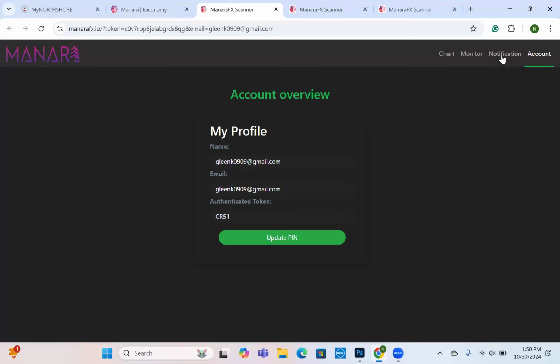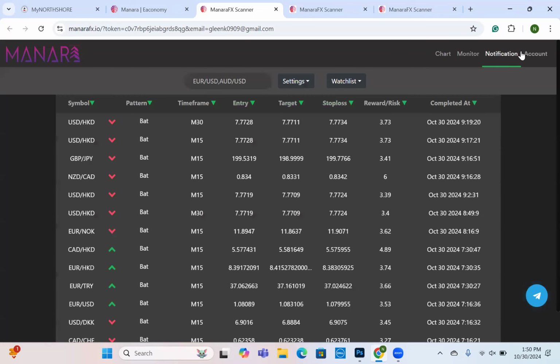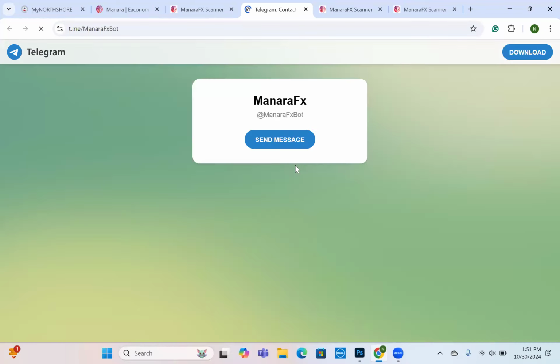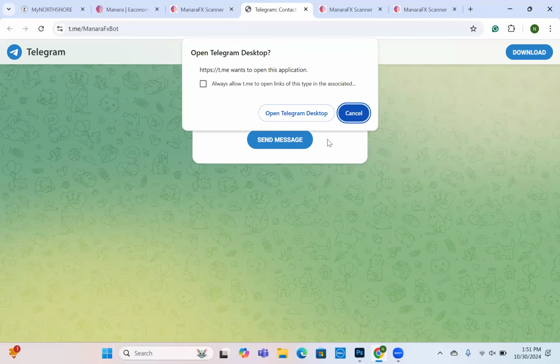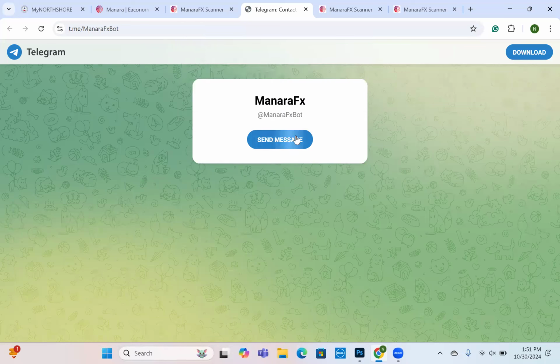We have wasted a lot of time already. Notification, please. Now you see this Telegram arrow by the side. You click on it. It will take you down to your Telegram app, and then you click on send message.